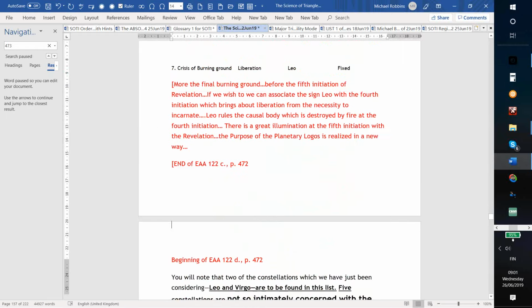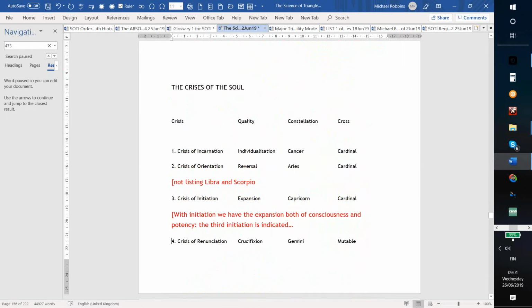We're going to see these crises of the soul, and the crises are occurring to a large measure to the soul and not to the personality. And the second center, which is the evocative center, is the one that is particularly involved here.